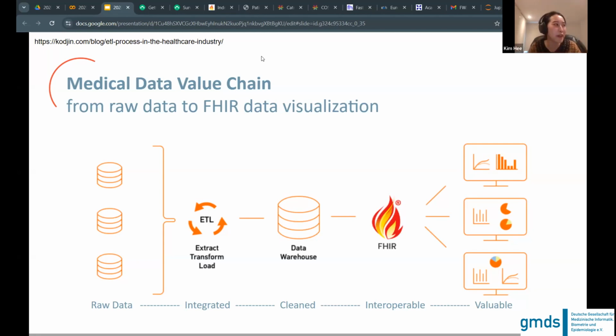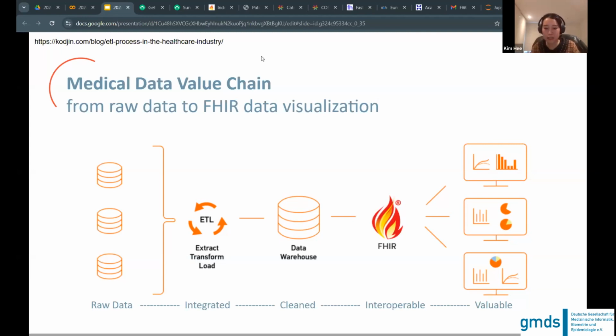So this is the core point of EHDS as well. The European Health Data Space wants to enable researchers to exchange data, plus exchange their services. Data visualization is one of the services. Do something on your data.